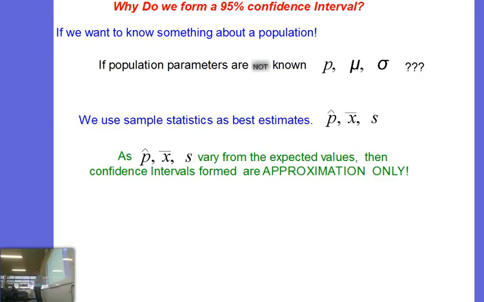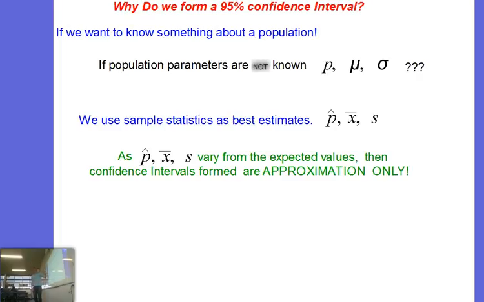And I'm going to speak about the population with a degree of confidence, because I can't be perfectly certain that this sample represents the population, because samples vary. Samples have a distribution. They're random. But we can speak about the population with a degree of certainty.